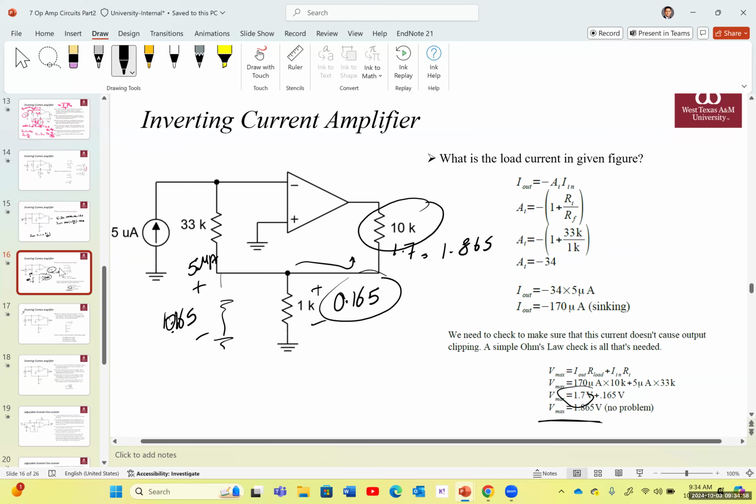But one limitation that we must always be careful of is the saturation voltage. The saturation voltage of an op-amp is usually a few volts below the supply rail voltage. So if the supply voltage is 15 or 16 volts, usually the saturation voltage is going to be 13 or 14 volts.